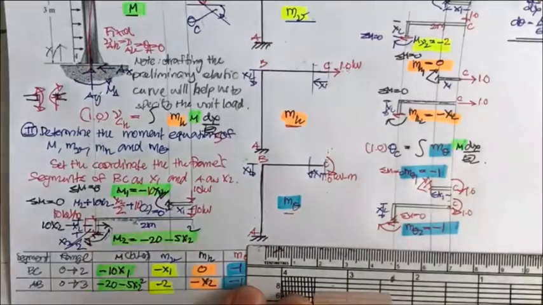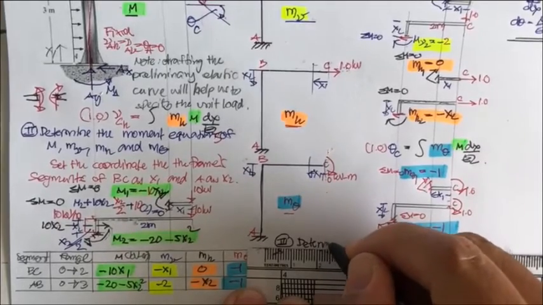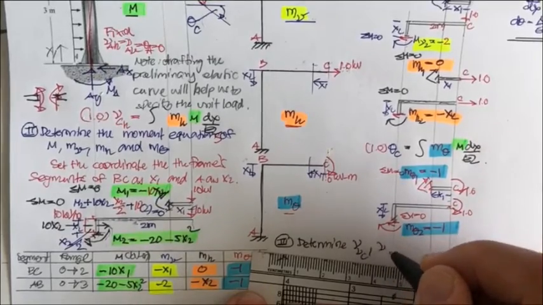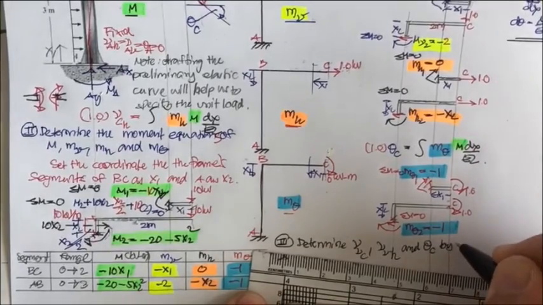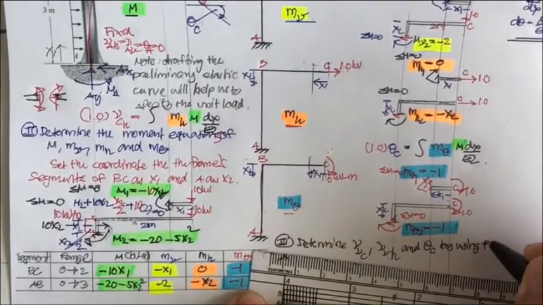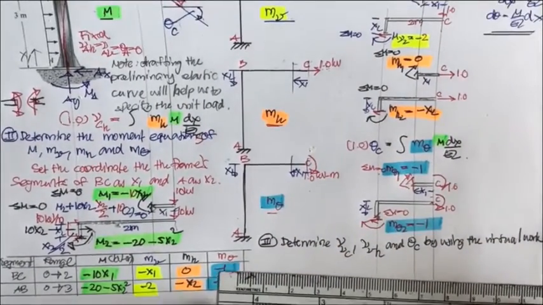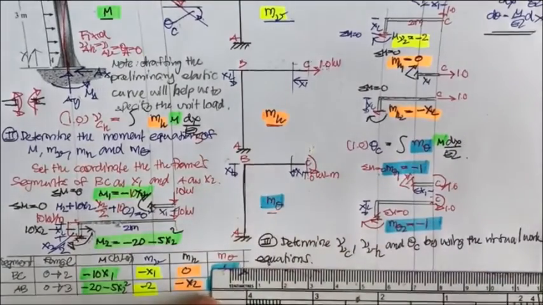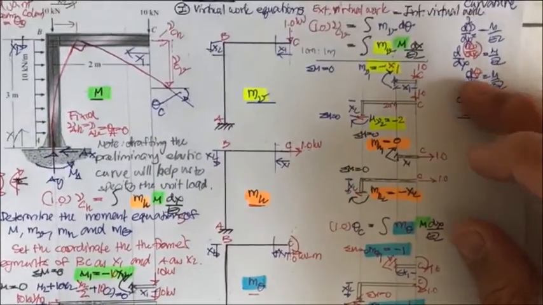On step 3, we determine phi sub C, v sub H, and zeta sub C by using the virtual work equation, okay, and it's going to require us to do a lot of integration because the equation involves integration.